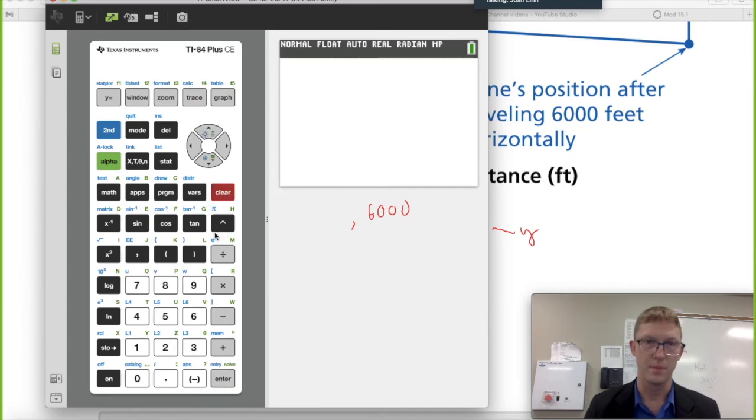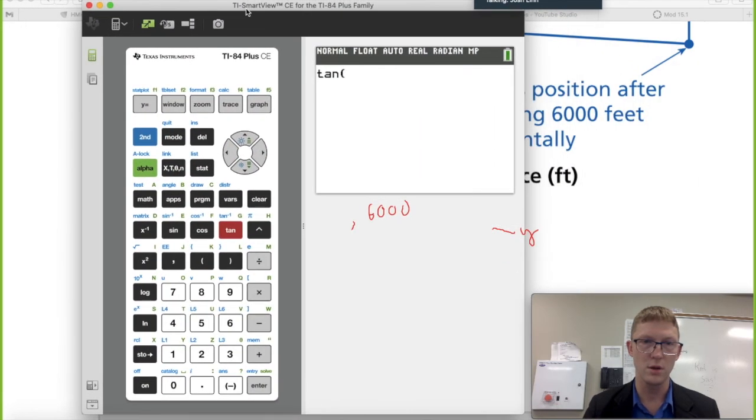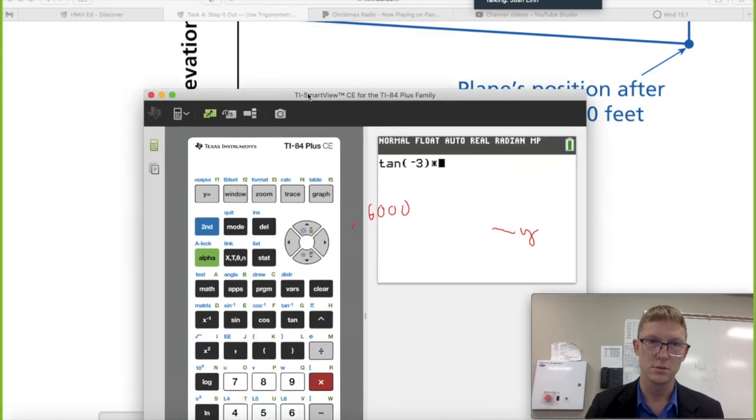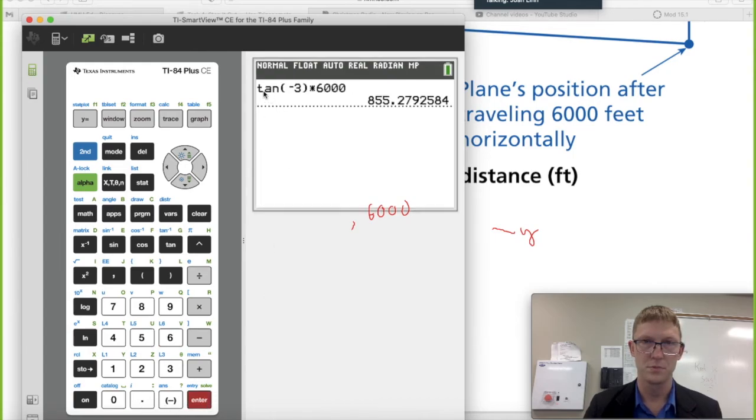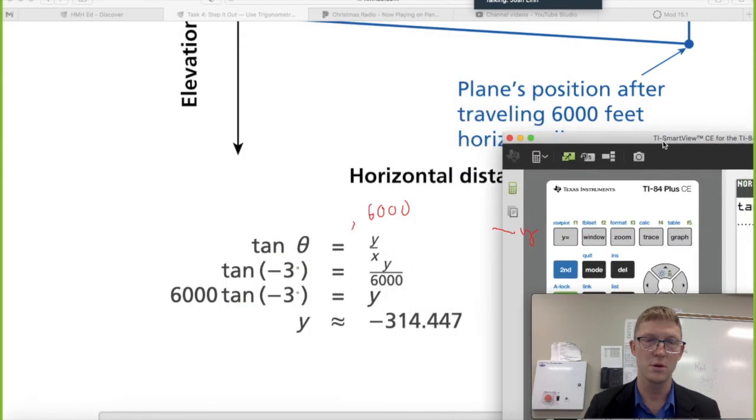So then we've got tangent of -3 times 6,000. Uh-oh, that's not the same number.